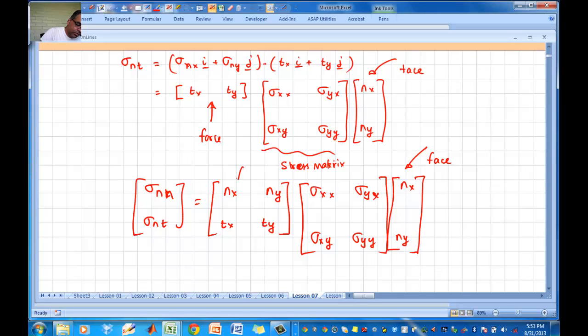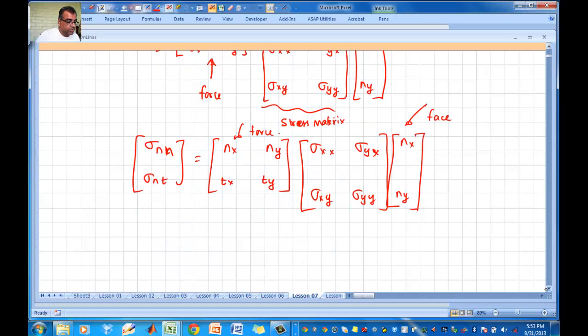Face, force. That's all you have to do. So this is just equilibrium plus geometry. How nice is that, right? Just equilibrium and something about the areas, that's all. Equilibrium plus geometry will give you this.